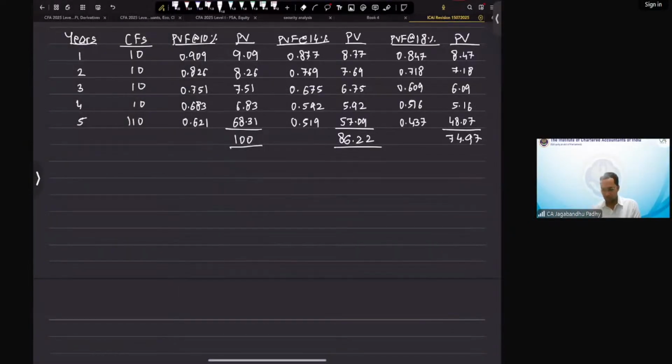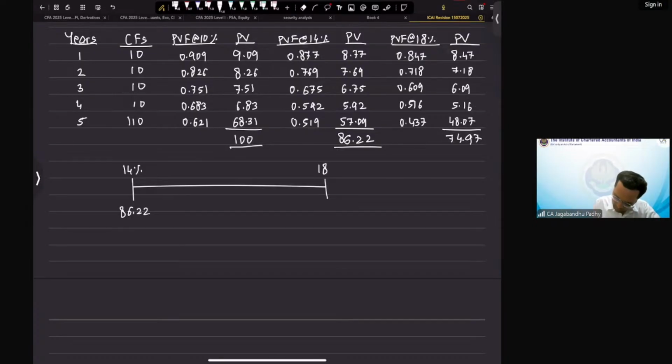Okay, so we got two values. At 14%, this is 86.22, and then at 18%, it is 74.97. And we actually need the present value equal to 80.